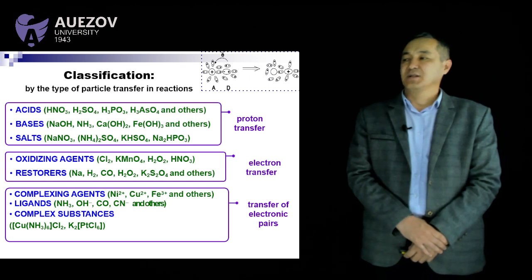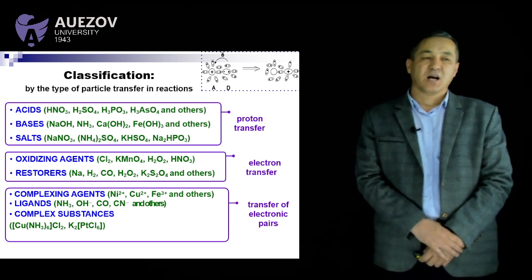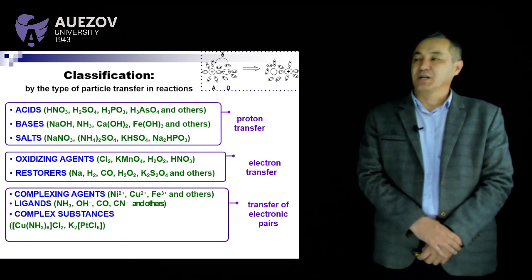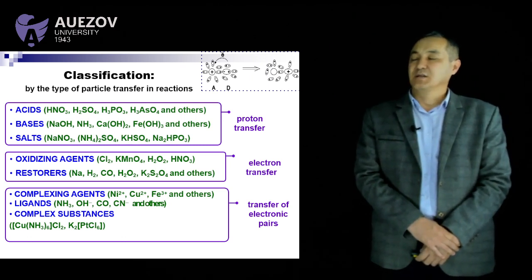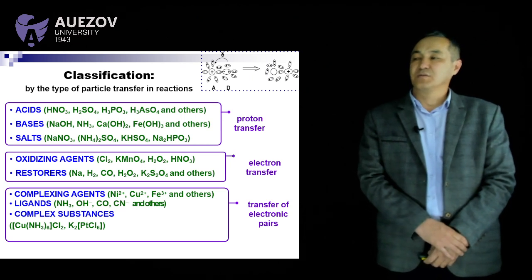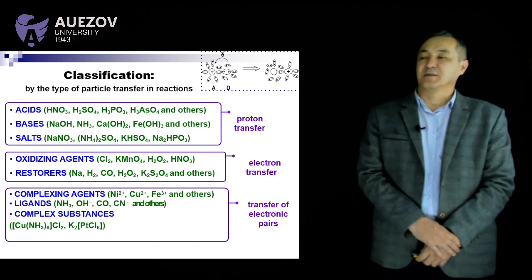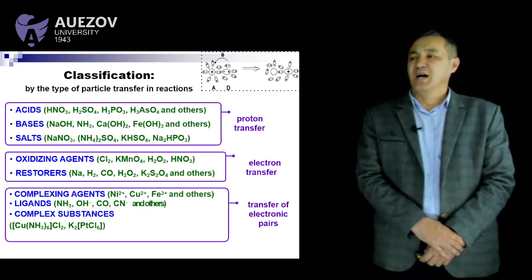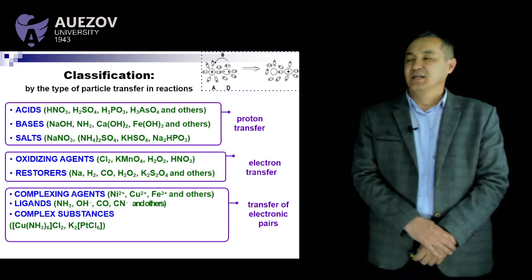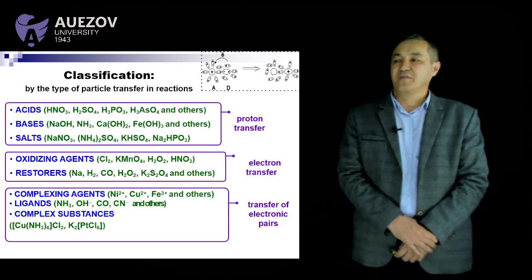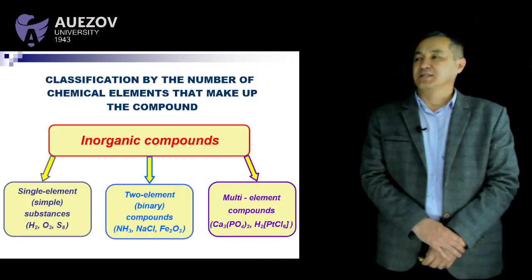Oxidizing agents such as chlorine, potassium permanganate, sodium permanganate, and nitric acid can transfer electrons. And complex agents, ligands, and complex substances can transfer electron pairs.